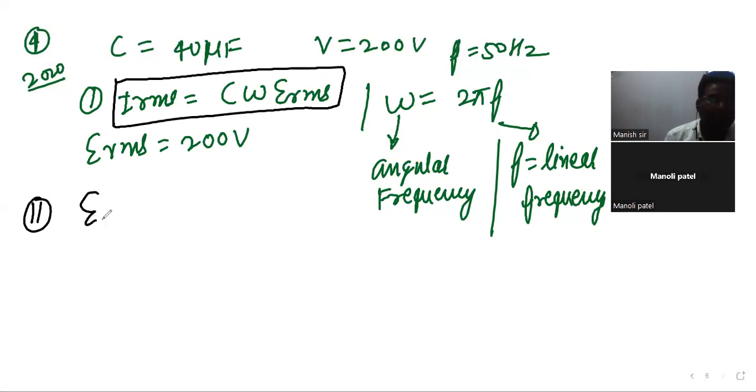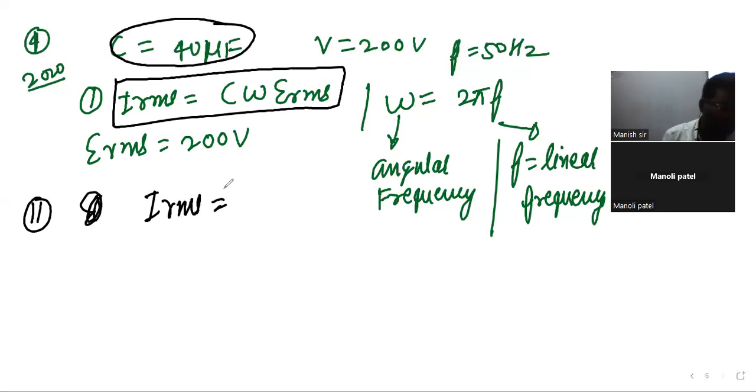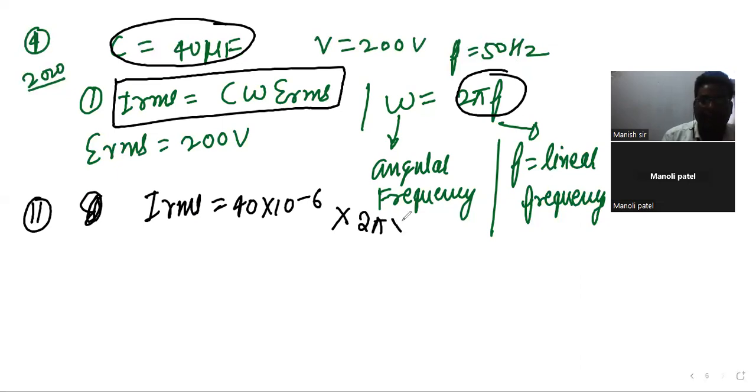So IRMS is C value we know, that is 40 microfarad. So it will be 40 into 10 raised to the minus 6, right? And omega value we know, that is 2 pi f. So we will use here 2 pi into f value is 50 hertz, right?